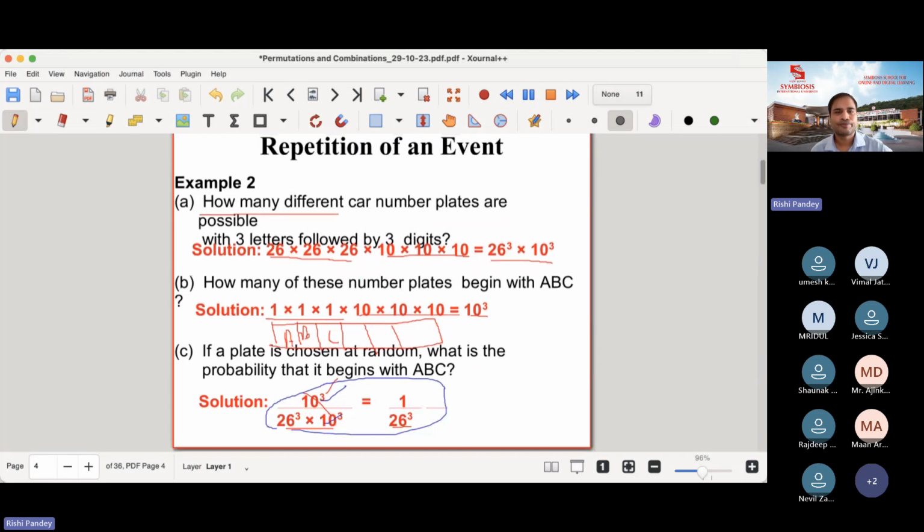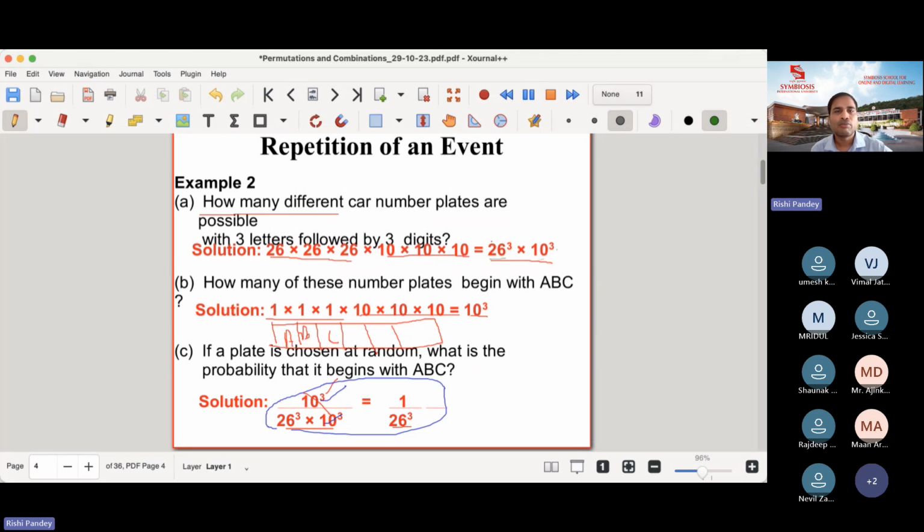Repetition of an event. So what is repetition? How many different car number plates are possible with 3 letters followed by 3 digits? If you have 3 letters and 3 digits, what are the possibilities? 26 to the power of 3 and 10 to the power of 3.